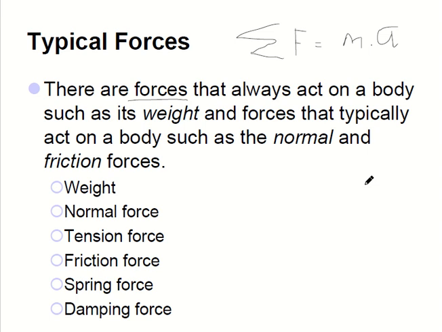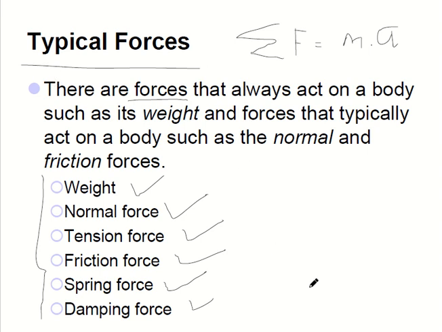Now there are forces that always act on a body, such as its weight, and forces that typically act on a body, such as the normal and friction forces. So here we listed your weight, normal, tension, friction, spring, and damping force. So we have 1, 2, 3, 4, 5, 6 of them. These are the typical forces that act on a body.